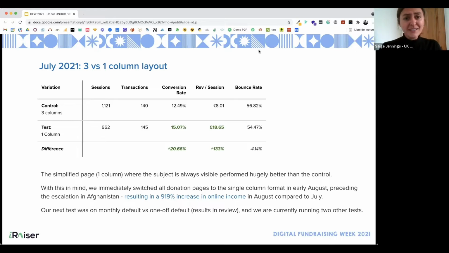We changed the format in August, which preceded our Yemen appeal, but our Yemen appeal was actually derailed by the escalation in Afghanistan.